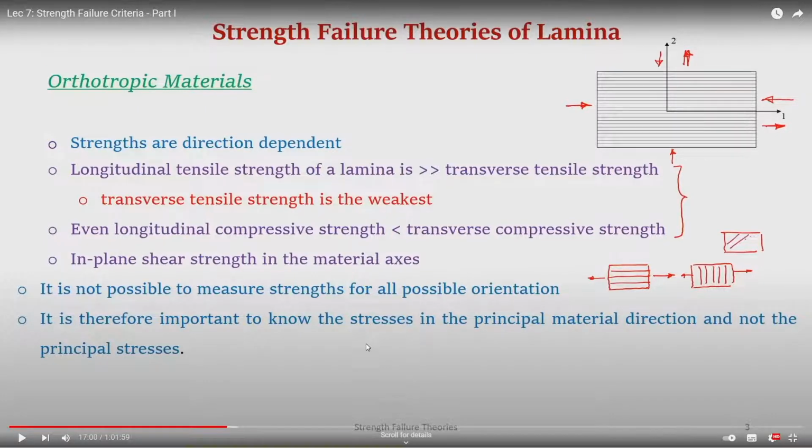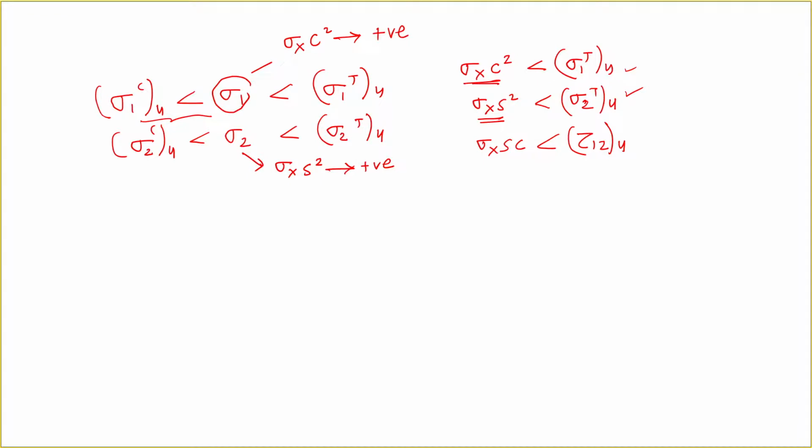Maybe I can write it. Longitudinal compression strength is actually less than longitudinal tensile strength, and transverse tensile strength is less than transverse compression strength.